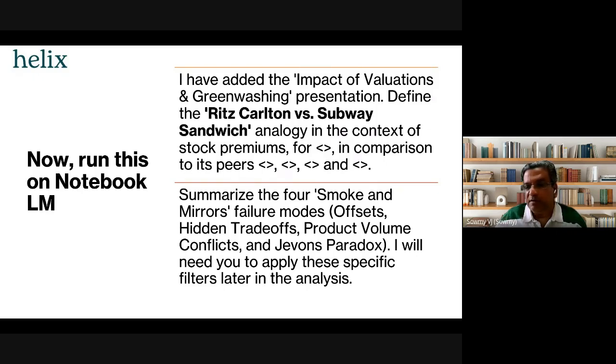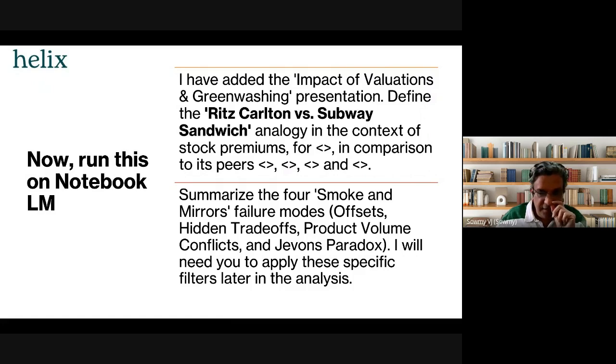Now you can ask NotebookLM to define the Ritz-Carlton versus Subway sandwich analogy in the context of stock premiums for the stock that you are evaluating. So let's say you're evaluating Tesla, you'll put in Tesla, and in comparison to its peers, you already identified a set of peers, isn't it? In our first session, we did peers, etc. So you'll put in those peers. And then you will ask NotebookLM to summarize the four smoke and mirrors failure points.